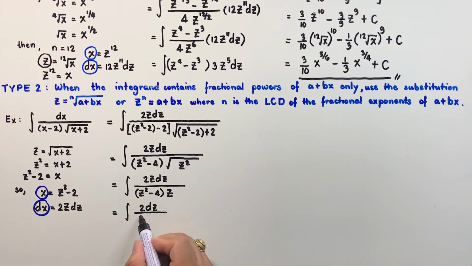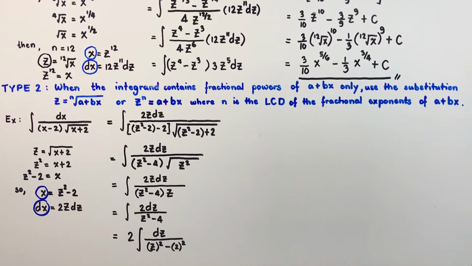So this is the integral of 2 dz divided by z squared minus 4. And factoring out this 2 in front of the integral symbol, we have 2 times the integral of dz over the square of z minus the square of 2 here.